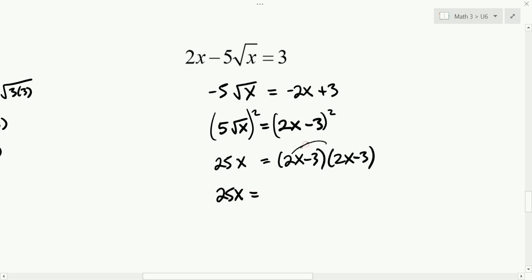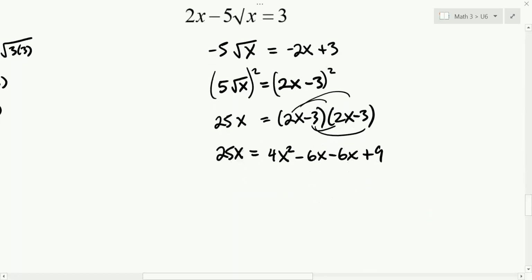So distribute all 4 products. Okay. And then get it to a place where we could try to factor a quadratic that's equal to 0. And so I'm going to combine like terms. And then subtract 25x.